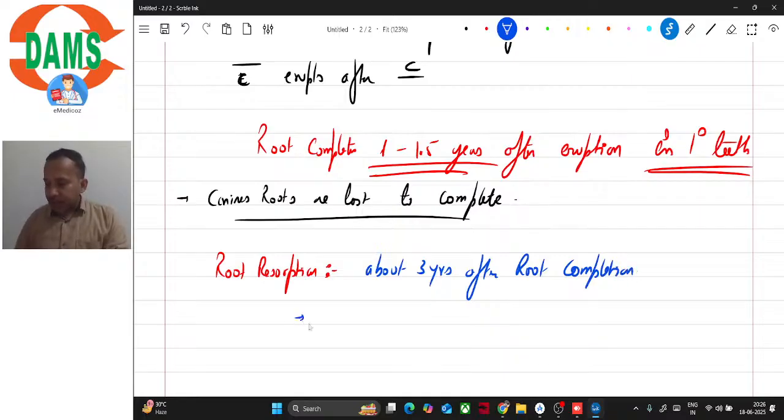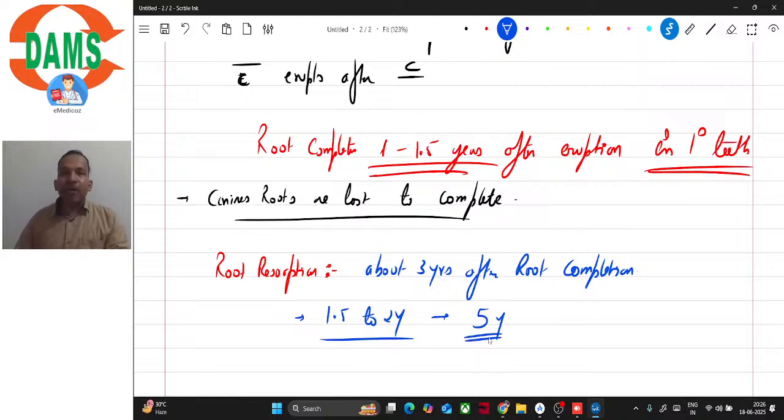So say for example, in case of incisors, if we consider both the upper and lower central and lateral incisors, their roots complete at about 1.5 to 2 years. So their resorption will begin at approximately around 5 years, isn't it?